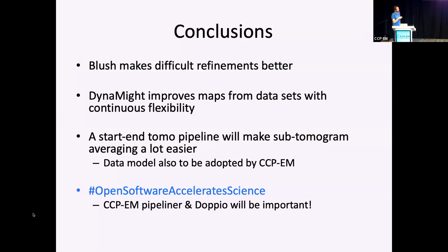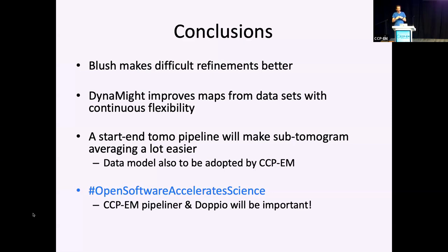And now we have a start-to-end tomography pipeline. You start with the raw movies and you end up with the atomic model built for you in ModelAngelo, provided you get better than 4 angstroms resolution, of course. Now, the data model that we propose in this Relion 5 tomography pipeline is a set of star files in a defined format, with angles that we take from IMOD and coordinates in angstroms from centers of tomograms, so it no longer matters how thick your tomograms are.